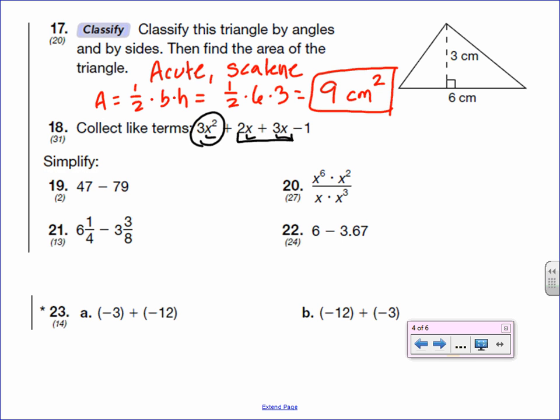So the like terms are 2x and 3x. So 3x squared does not have a like term, so it stays the same. And then we have 2x's and 3x's, which is a total of 5x's. And then since the -1 doesn't have any x's, it stays the same as well. There's no like terms for that one.